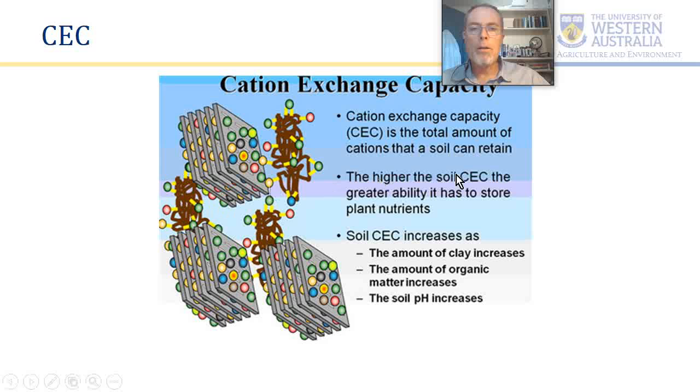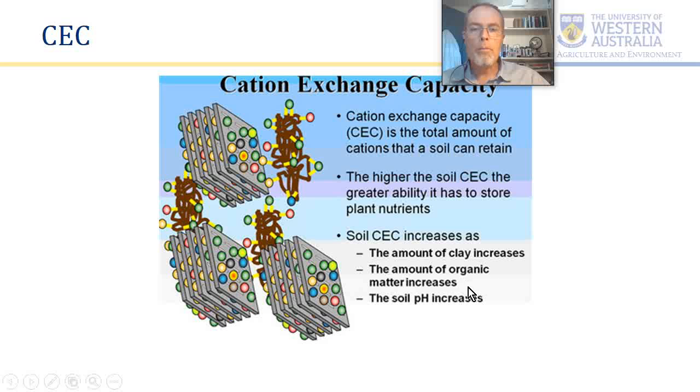The higher the cation exchange capacity, the larger ability a soil has to store plant nutrients in potentially bioavailable form. And because different materials in soils, specifically clays and organic matter, generally contribute to our negative charge in soils, cation exchange should be higher for a soil with higher clay or with higher organic matter.